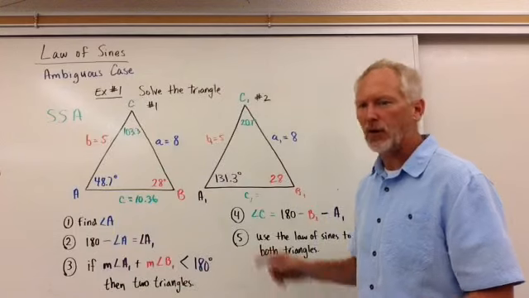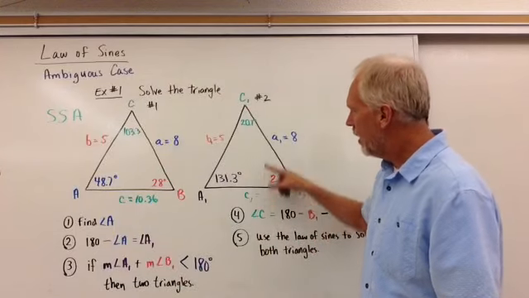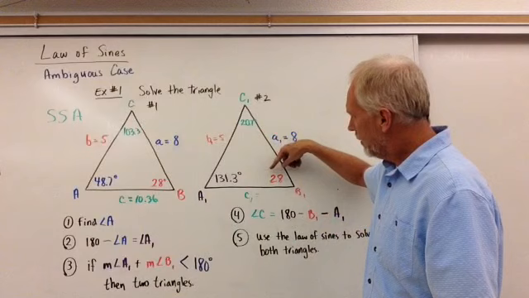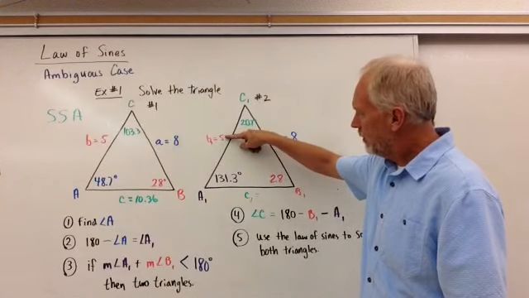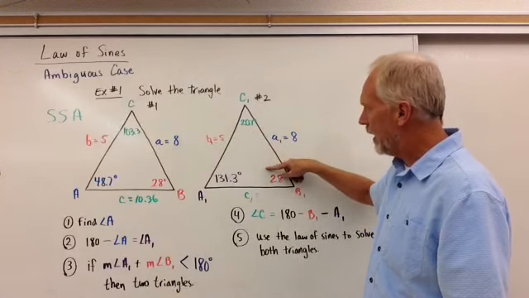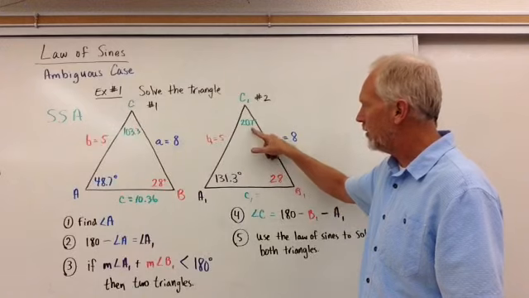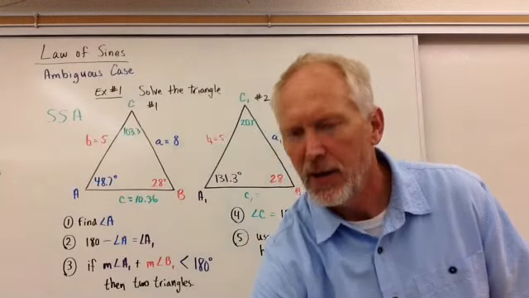Now, if I quickly want to solve for this, I'll have 5 over the sine of 28 is equal to C over the sine of 20.7.